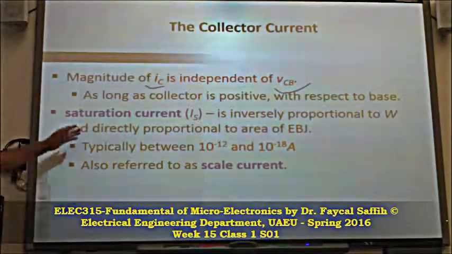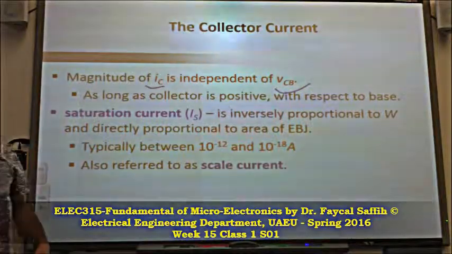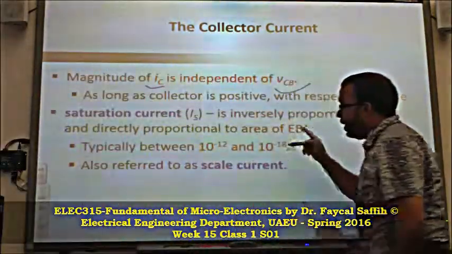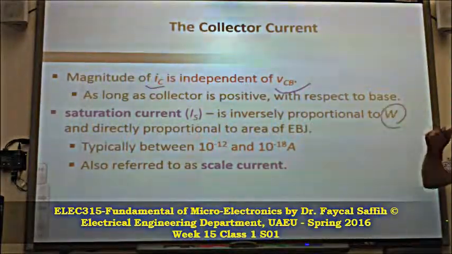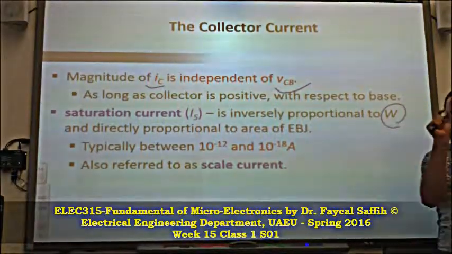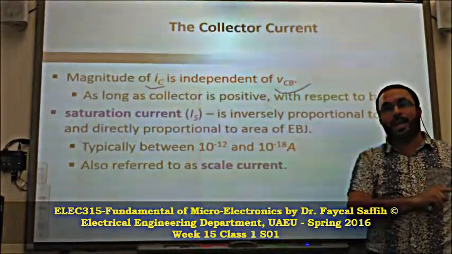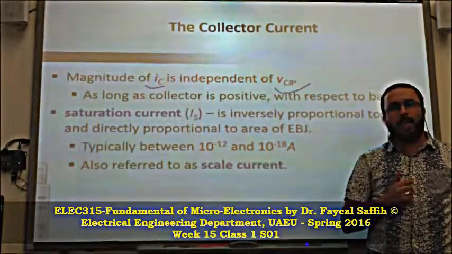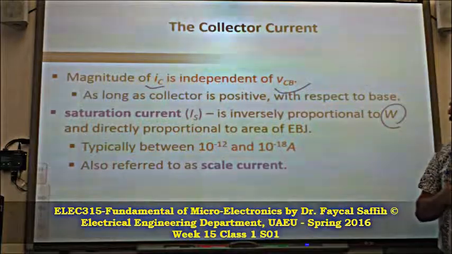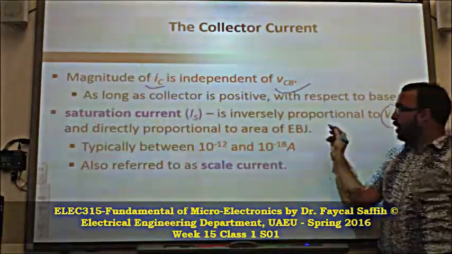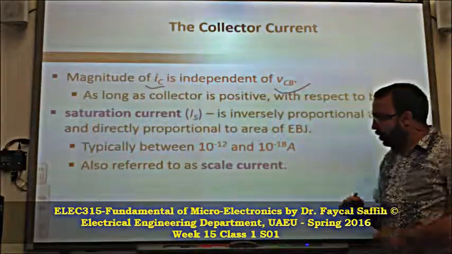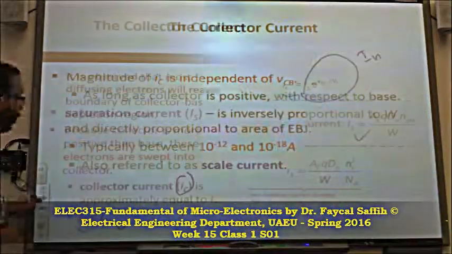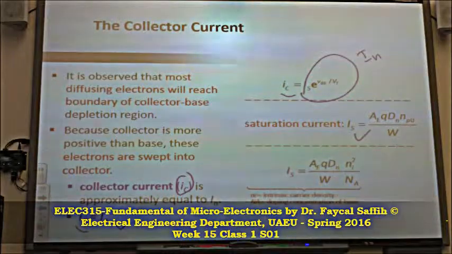So now we get to the saturation current, the one that's in the equation. We said that one is particularly important because it's inversely proportional to W. You see that W? If you make the width very small, IS will be very high. Very important. And of course, it depends on the area, the cross section between the emitter and the base. Whenever you talk about anything, you have to look at the formula.